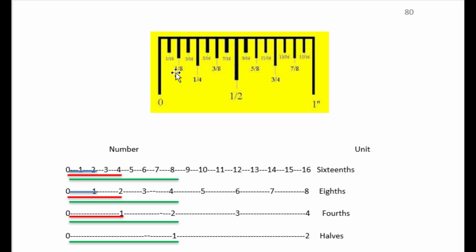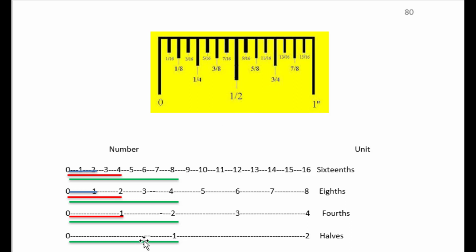So there's 1/8, 2/8, 3/8, 4/8, etc. And quarters, you need 4 tick marks. 4 tick marks is 1/4. 4 more is 1/2. 4 more is 3/4, right there.